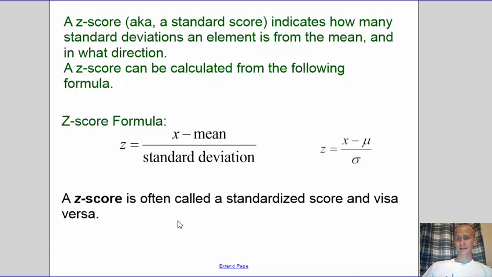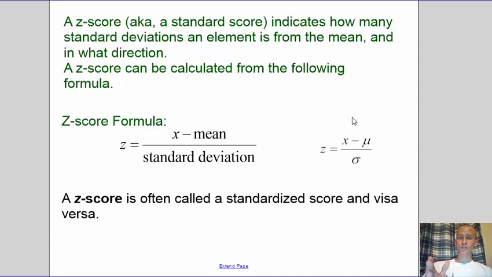How good is that? And then we have it in symbols. These symbols we'll get into a little bit later, but when we have mu and sigma, those represent population variables, and there are a couple of assumptions that go along with using those. For right now, we'll just stick with mean and standard deviation, the words themselves. You might also see x bar and s sub x for mean and standard deviation.